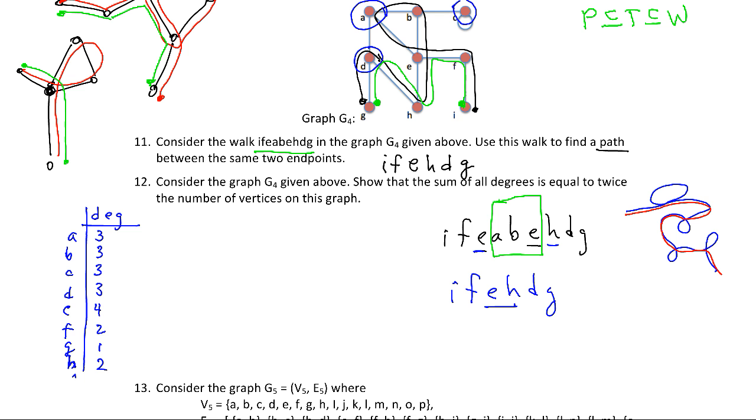And I is 1. And if I take the sum of the degrees, I get 3, 6, 9, 12, 16, 18, 19, 20, 22. And that's supposed to be twice the number of edges.